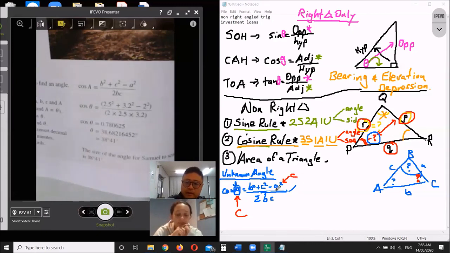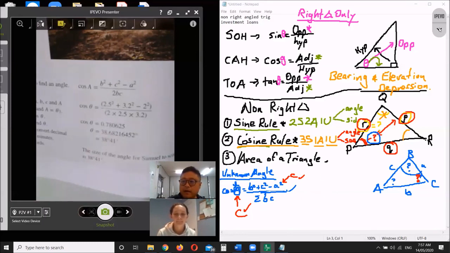And it doesn't matter about these two. 3 plus 4 is the same as 4 plus 3, so it doesn't matter what order we do, and 3 times 4 is the same as 4 times 3. They're not as important for getting the order right. As long as you get this right and this right, the rest of the formula will work. So that's an unknown angle.